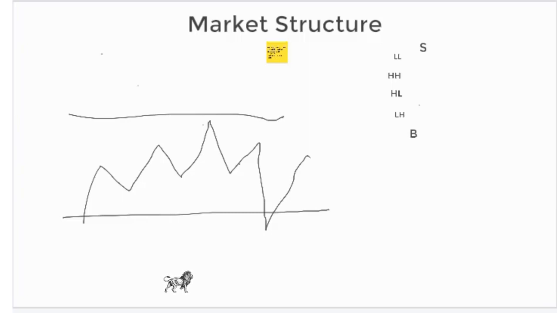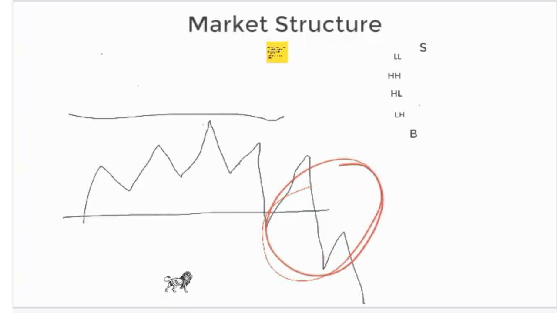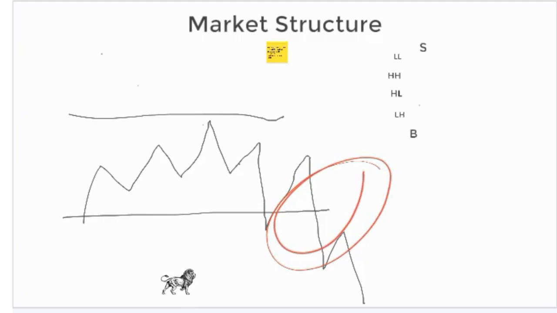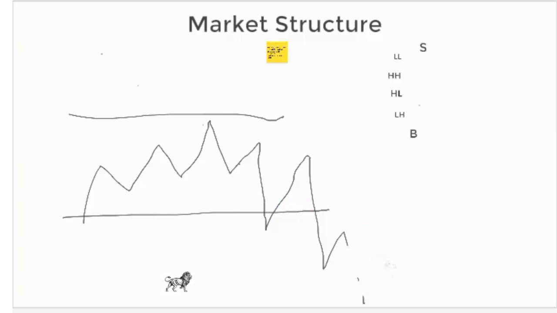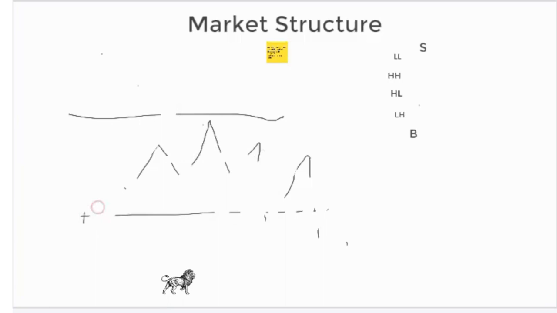But instead of getting back to resistance, it went down. Such a market, we can say, actually breaks the area of support. So there's a name they call it. Right now, I'm going to show you how the market moves, the structuring of the forex market.